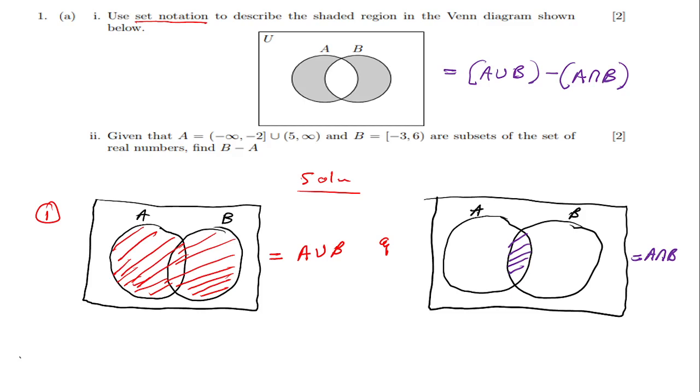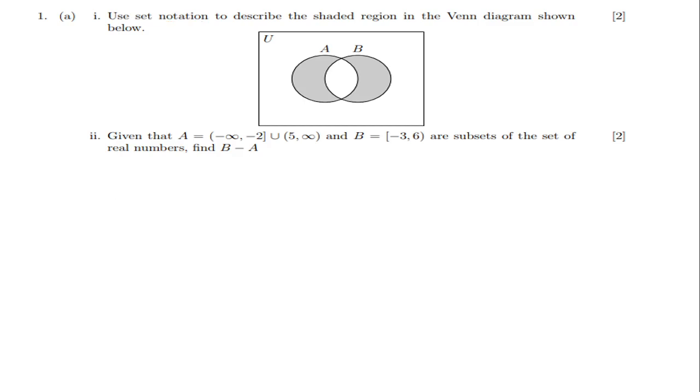Okay, with that being said, we can easily move on and look at the next part. So the next part is, given that A is equal to (negative infinity, negative 2] union (5, positive infinity), and B is equal to [-3, 6), both subsets of the set of real numbers.